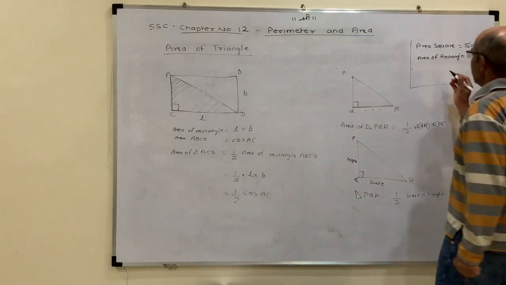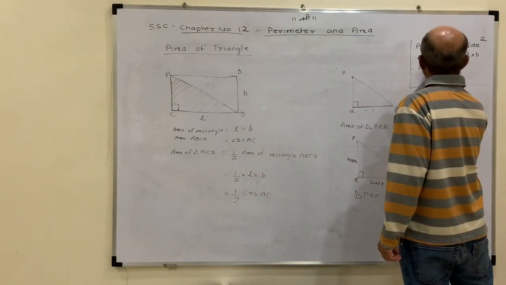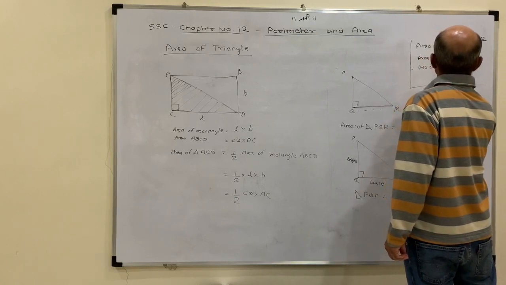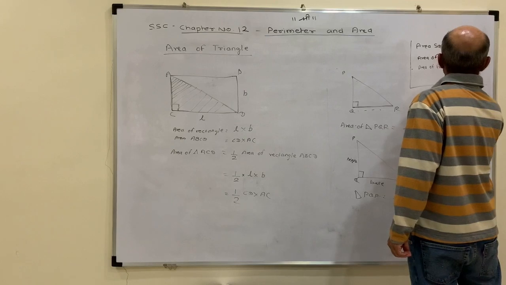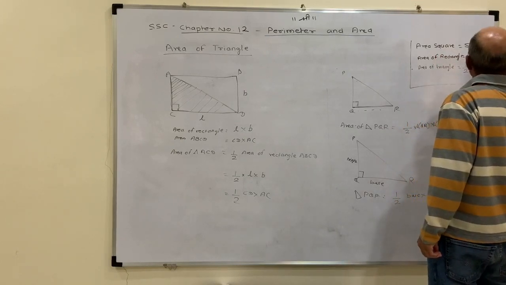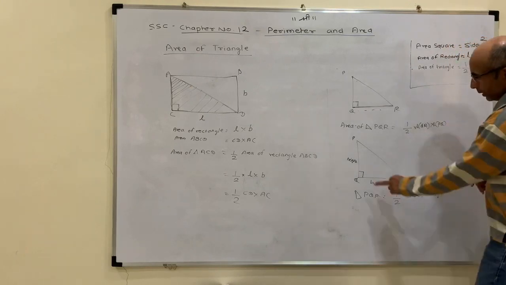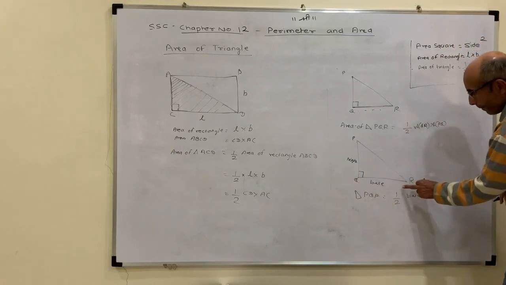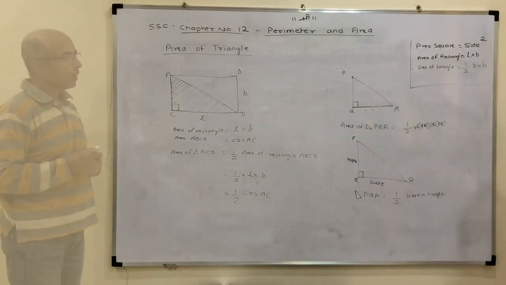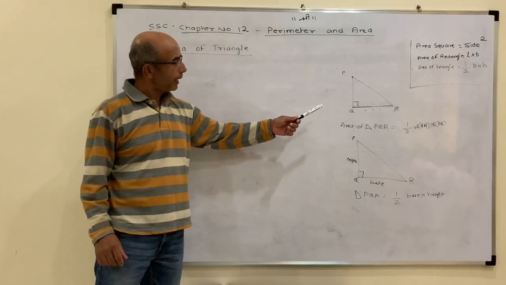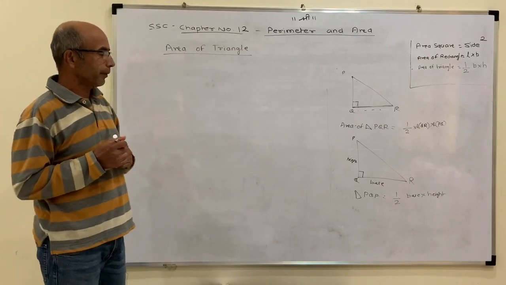My third formula is area of triangle is equal to half of base into height. This is height and this is my base. Now we found the formula to find area of a right angle triangle.